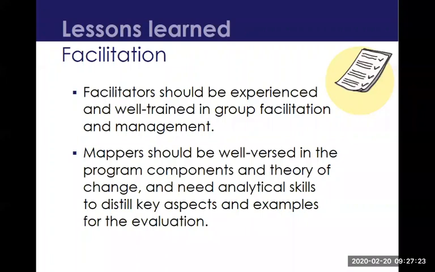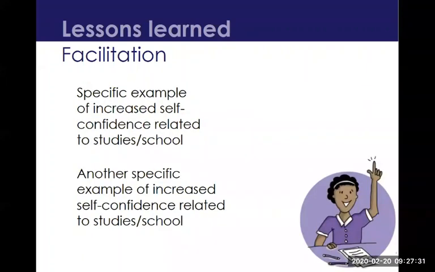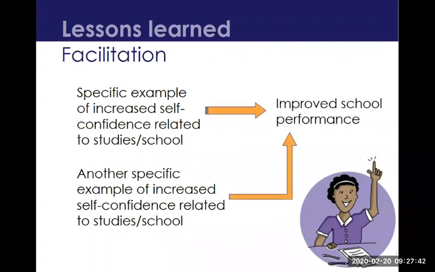So for example, the mapper should be able to notice that different examples also pertain to the same theme. So we have specific examples of increased self-confidence related to studies or school, such as somebody being willing to raise their hand and ask a question, or having better relationships with teachers or friends.